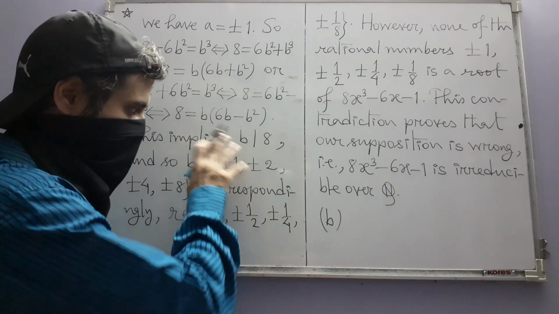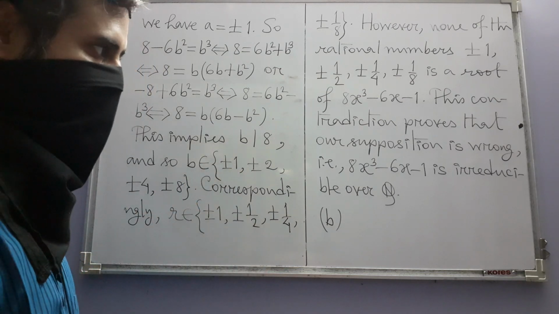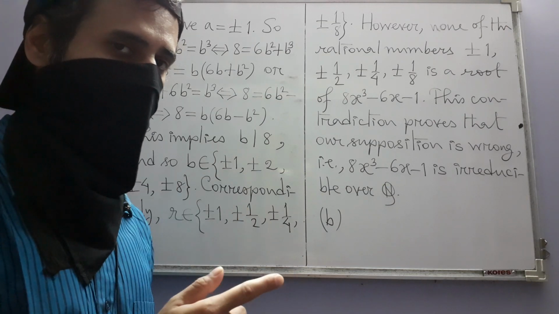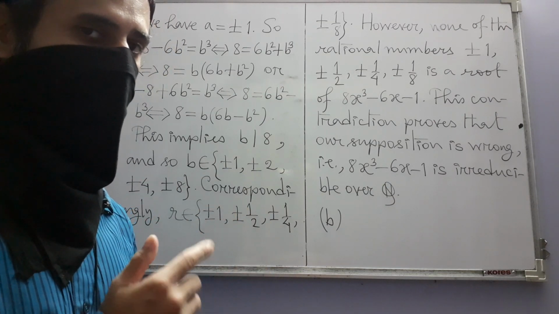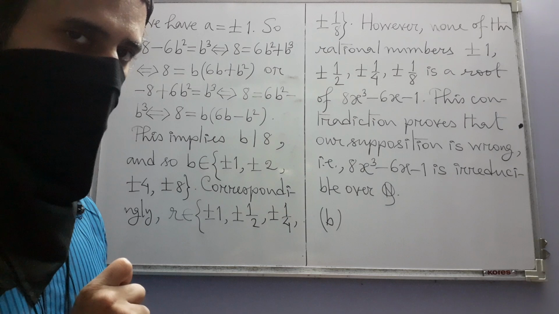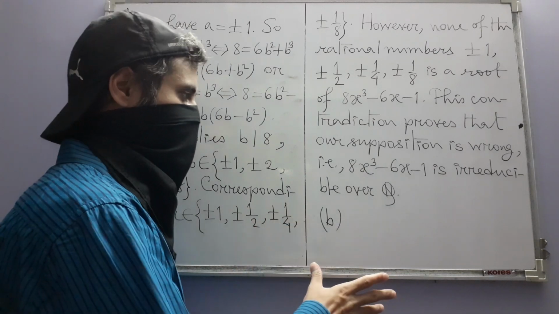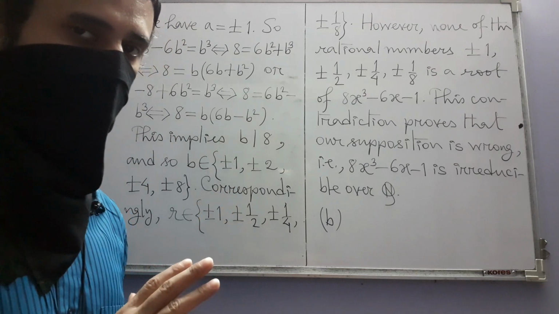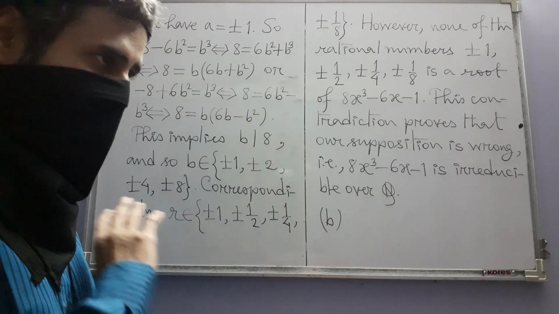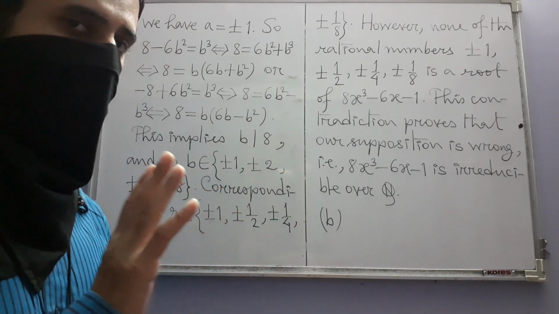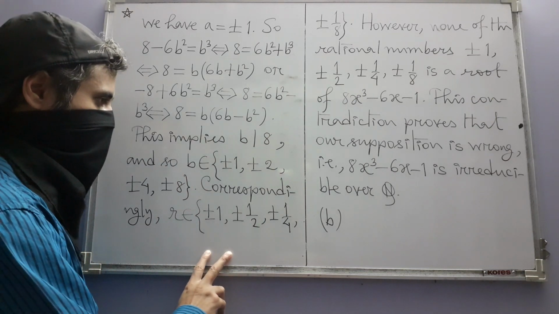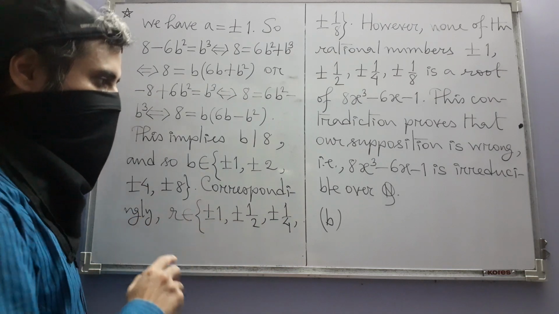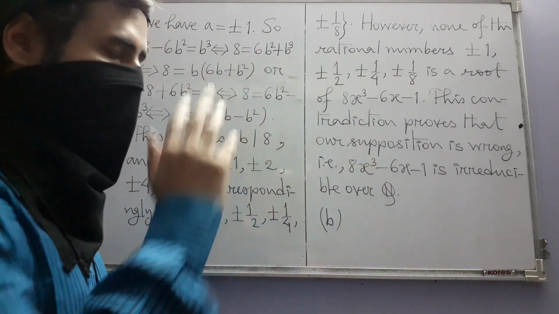You see, here also we have used the fact that reducibility of a polynomial is equivalent to the polynomial having a rational root. In other words, if the polynomial has no rational root, then the polynomial cannot be reducible. That means it will be irreducible. Now, in the second polynomial, luckily we can write all the three roots.